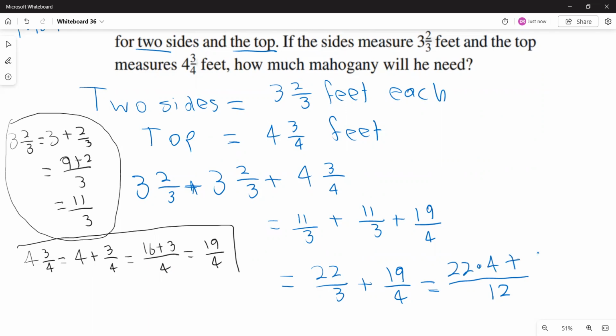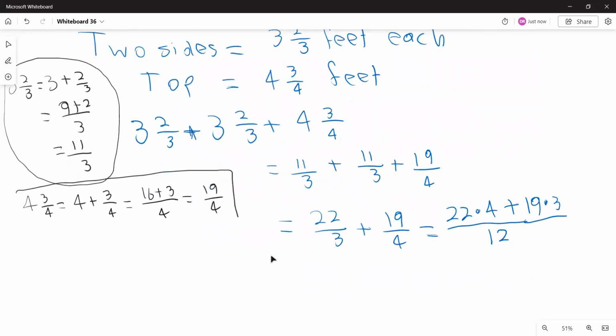And 12 over 4 is 3, so we need to multiply 19 times 3. 22 times 4 is 88. And 19 times 3 is 57. 88 plus 57 is 145.